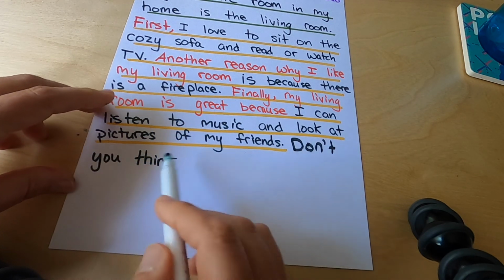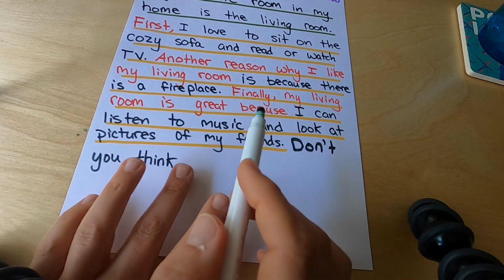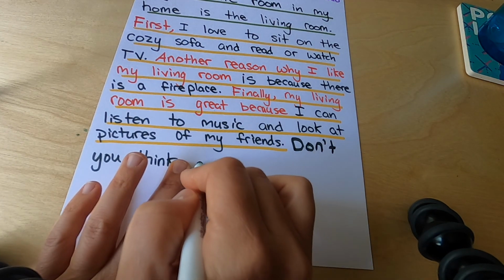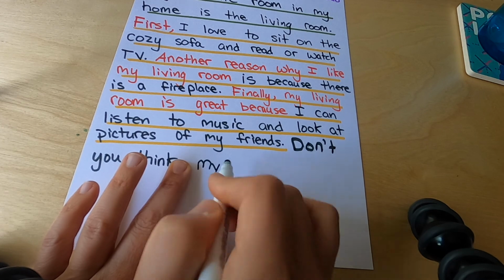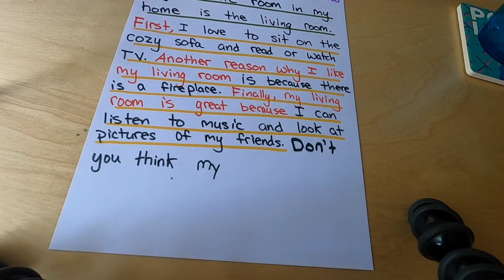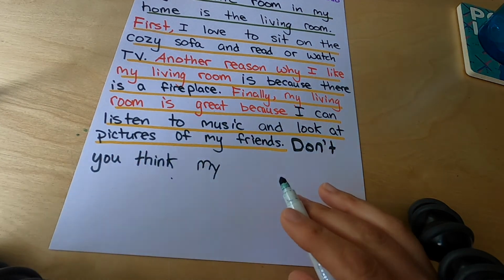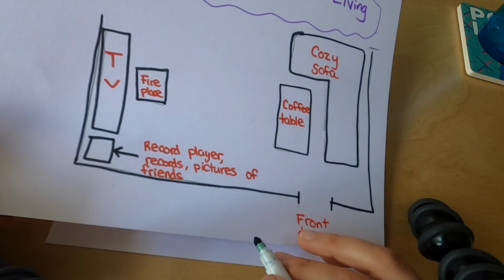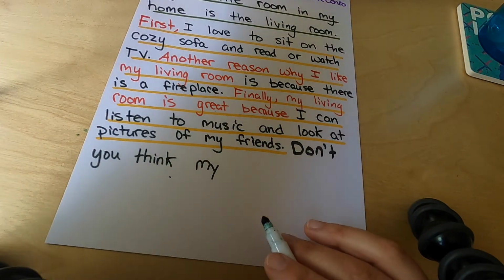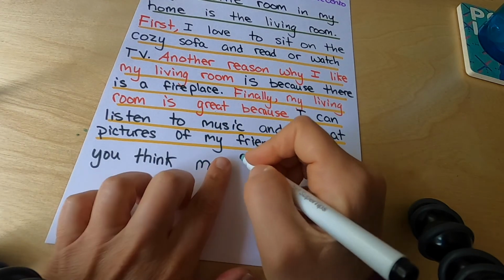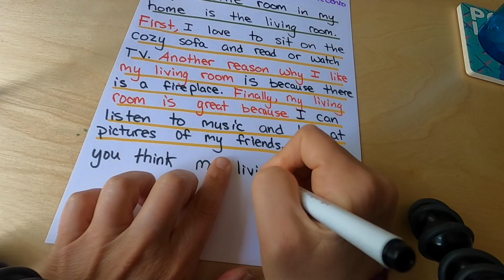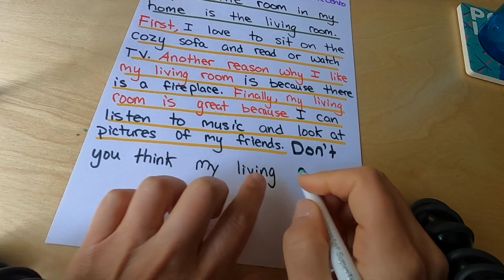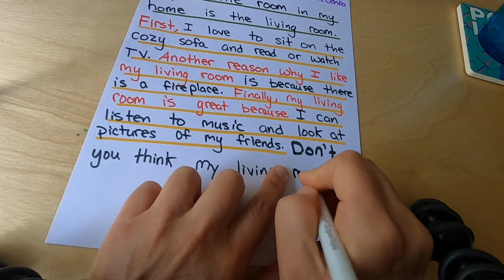Don't you think, finger space. Don't you think my living room, I forgot how to spell living room. Know what? I can just look at my work from earlier because it's there. Don't you think my, finger space, living, finger space, room.